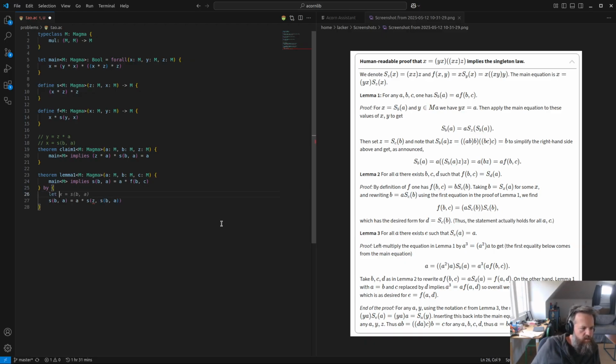So we need to be explicit here for what the definition is of Z. Wait, what is Z? Oh no, Z is S of C of B. Great. All right, now everything checks out, and this is sufficient to prove the theorem.